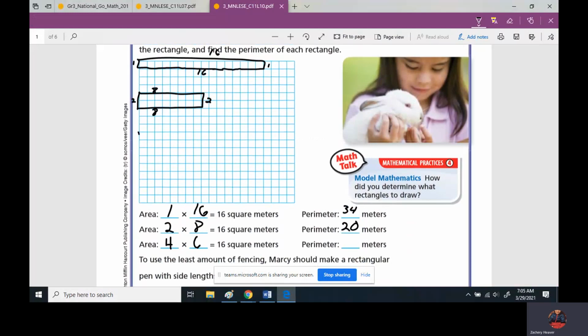Let's try 4. 1, 2, 3, 4, and 1, 2, 3, 4, 5, 6, then over. 6 here, 4 here, and 4 here. 6 plus 6 is 12, 4 plus 4 is 8, 12 plus 8 is 20.